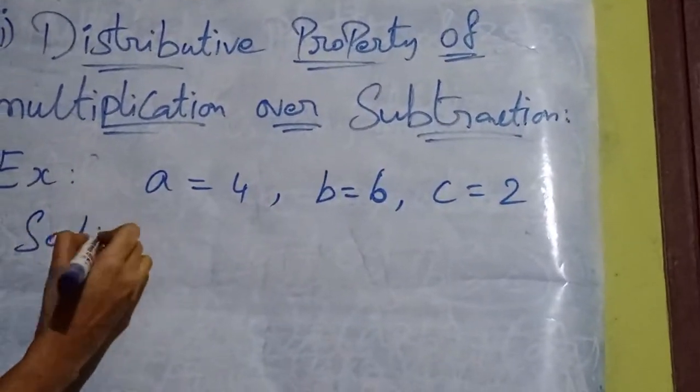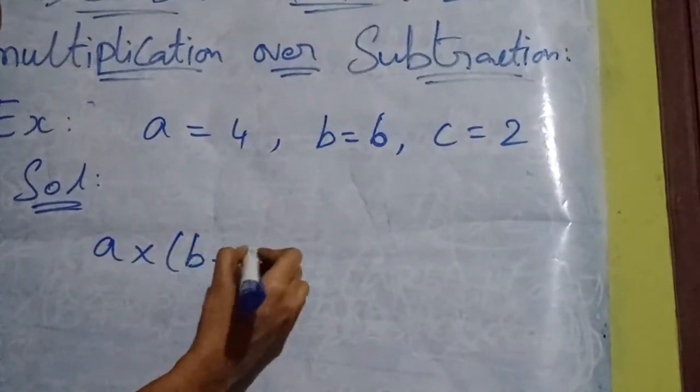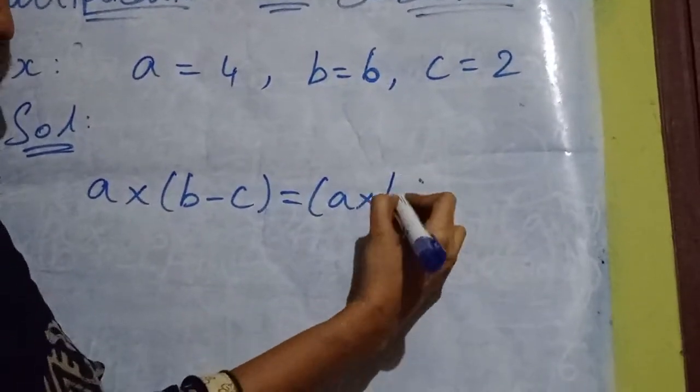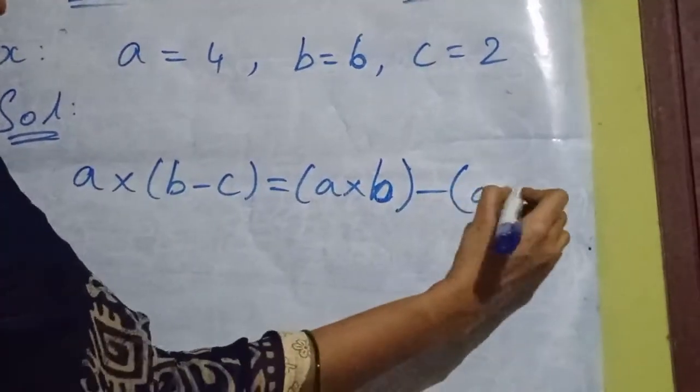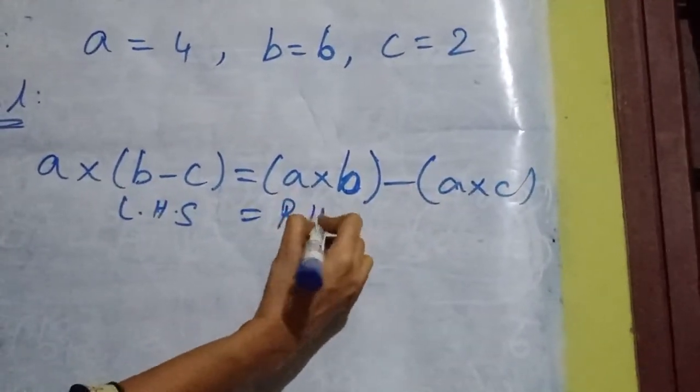Solution. First write down the formula. A into (B minus C) is equal to A into B minus A into C. This is LHS is equal to RHS.